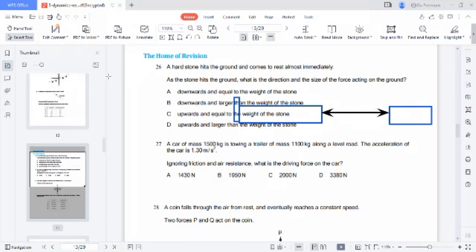The car mass is 1500 kg and the mass of the trailer is 1100 kg along a level road.